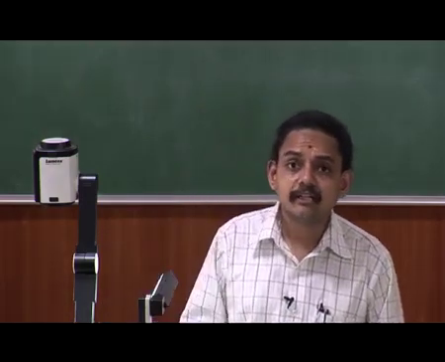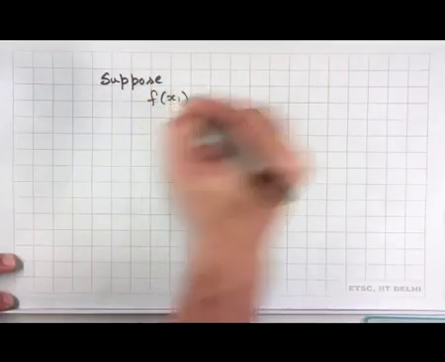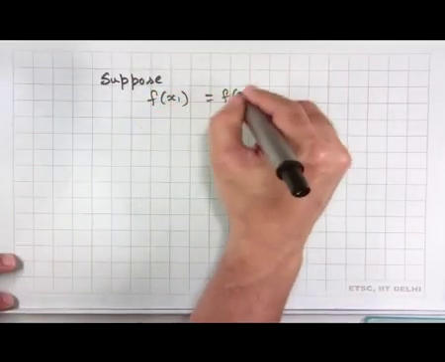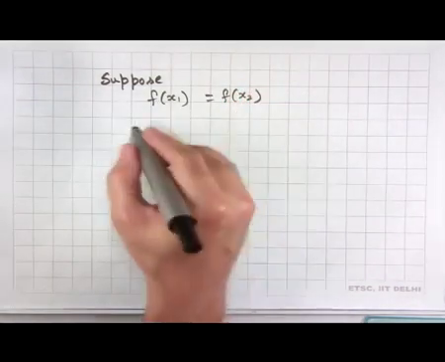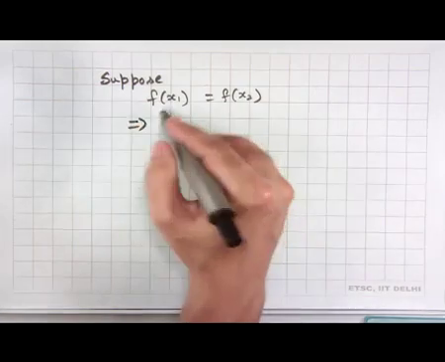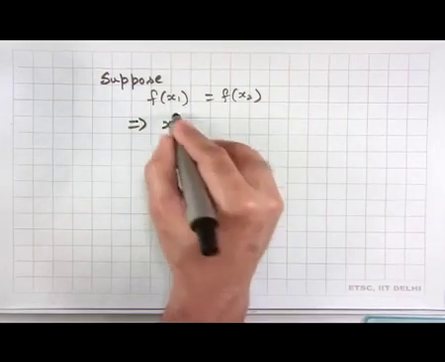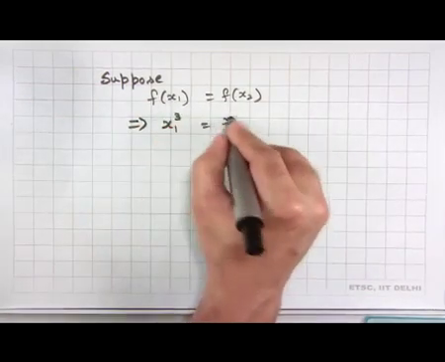Let us now show that f is 1-1. If f of x1 equal to f of x2 for some x1 and x2, then what does that imply? By definition of f, this will imply that x1 cube equal to x2 cube.